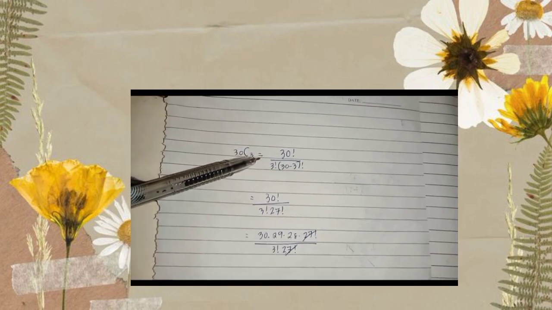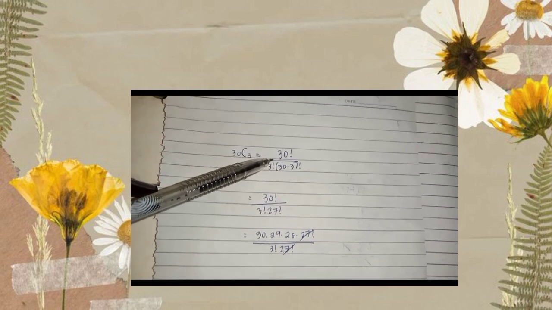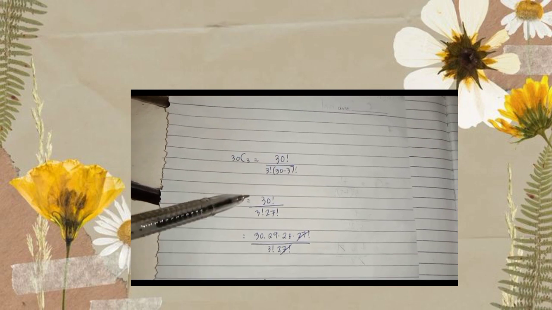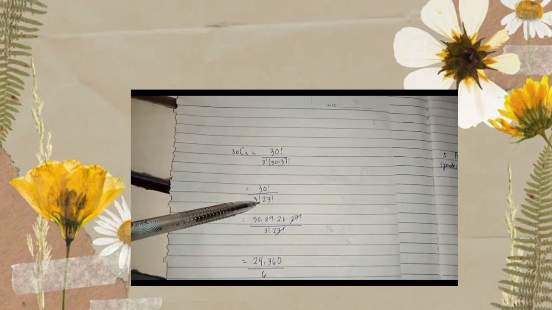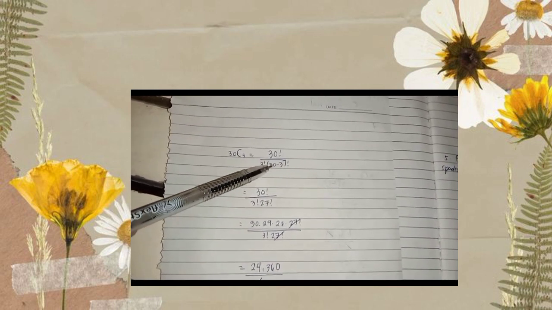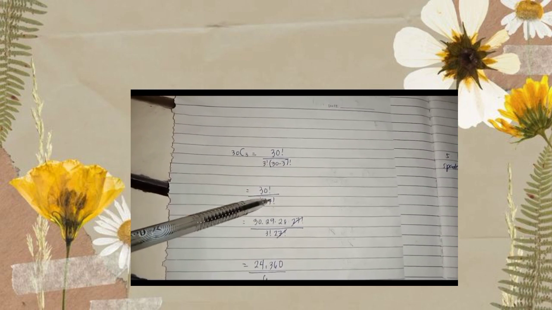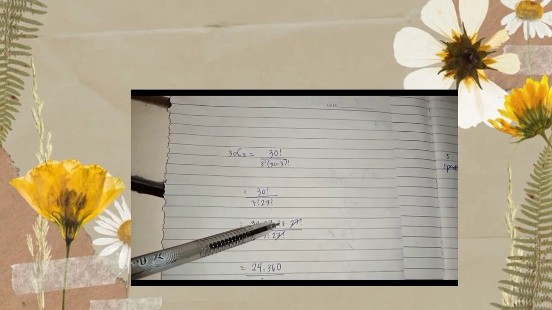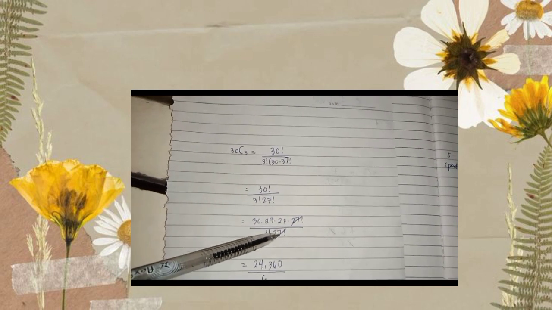In how many ways can a principal choose 3 of the 30 teachers to attend a conference abroad? 30C3 equals 30 factorial over 3 factorial and 30 minus 3 factorial, equals 30 factorial over 3 factorial and 27 factorial, because we subtract 30 minus 3 equals 27 factorial. Then 30 times 29 times 28 times 27 factorial over 3 factorial and 27 factorial.